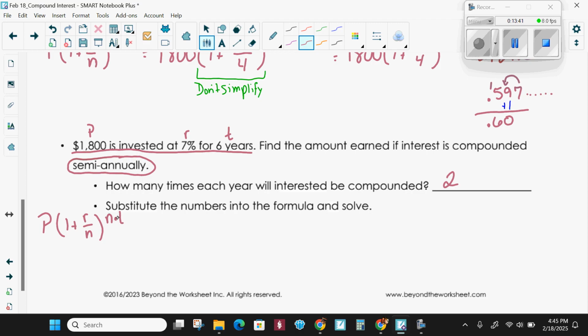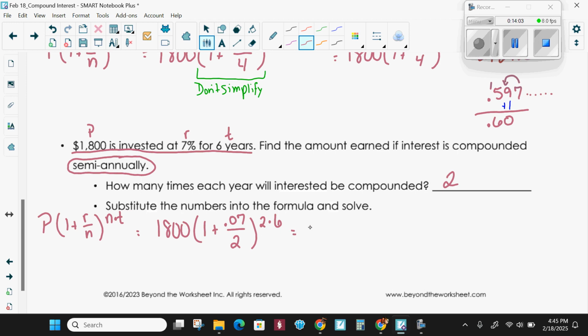Make sure my N looks like an N and not an R. Okay, so again, we're going to put 1800 for our principal, 1 plus 0.07 for our rate. This time we're dividing by 2 for semi-annually, and we have 2 times 6 for the number of years and the compounding.